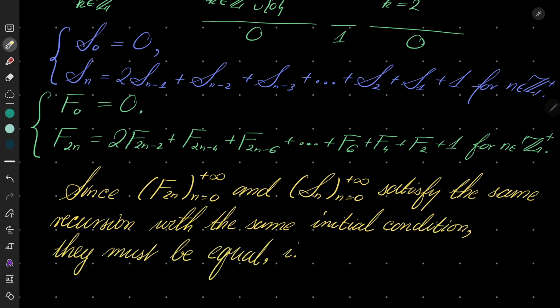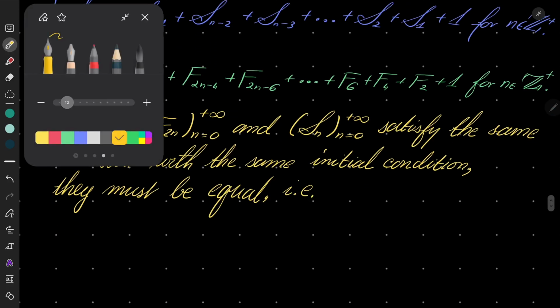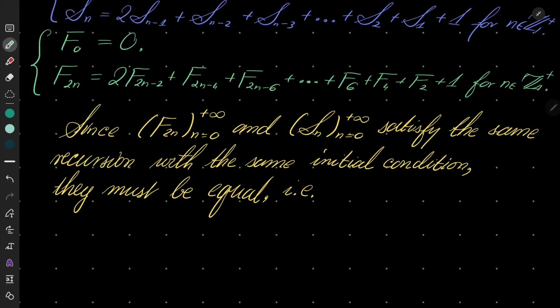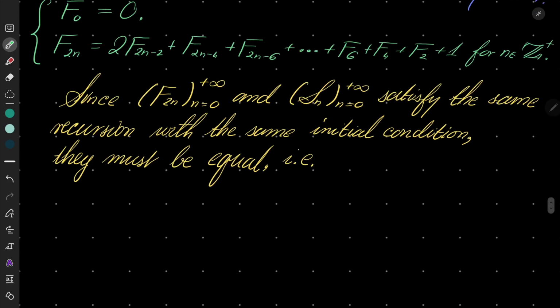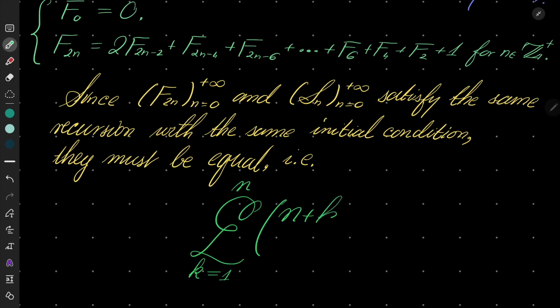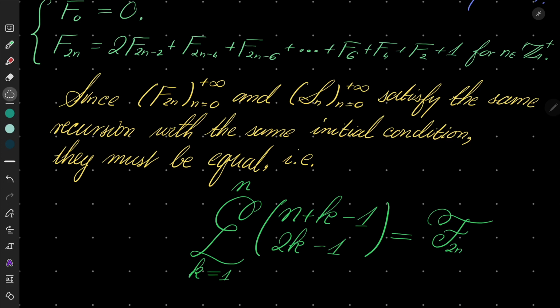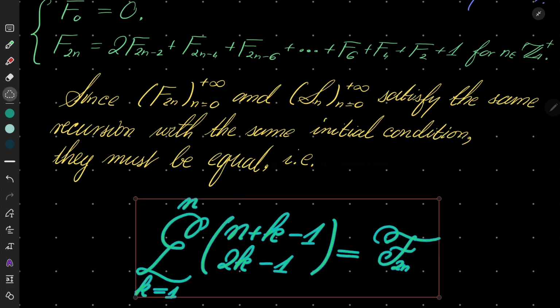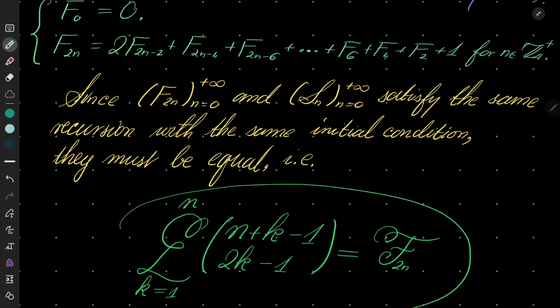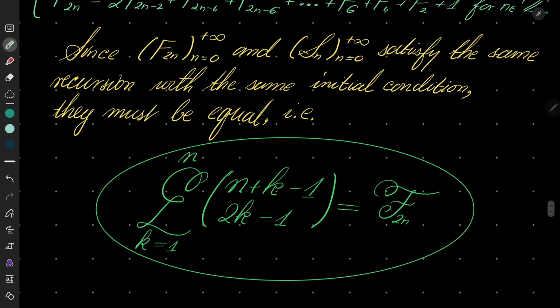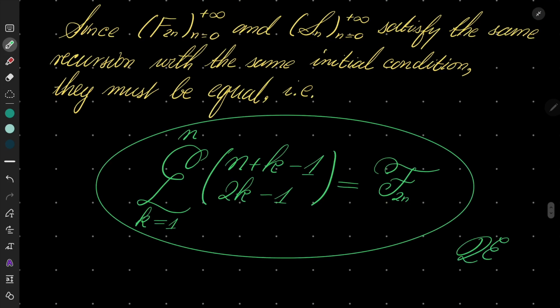I.e., let's write our result triumphantly. That means that our sum, which goes from k equals 1 to n, of n plus k minus 1 choose 2k minus 1, equals the 2nth Fibonacci term in the Fibonacci sequence. And that closes our proof. That proves it.